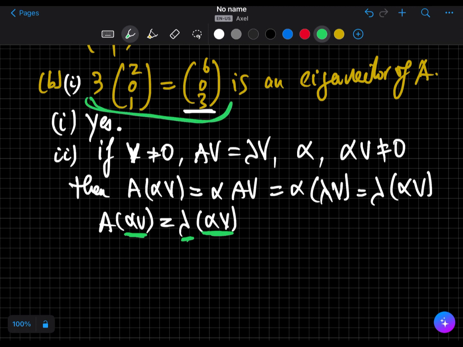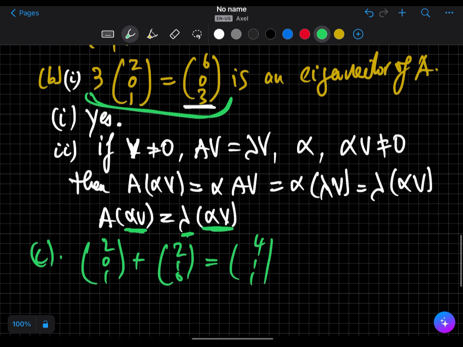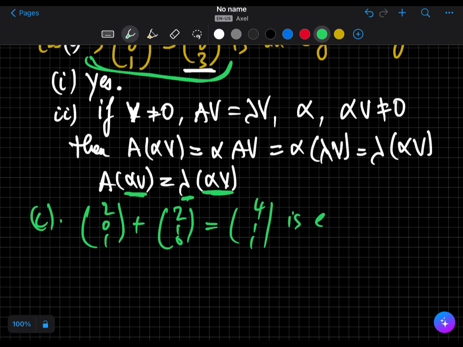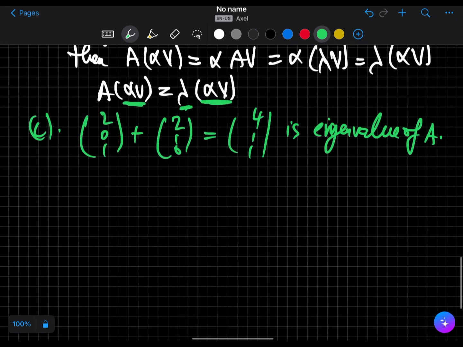Okay. Now you also ask to decide whether 201 plus 210, which is equal to 411, is an eigenvalue of A, right? We can decide by answering easily that yes, it is the case. Why?